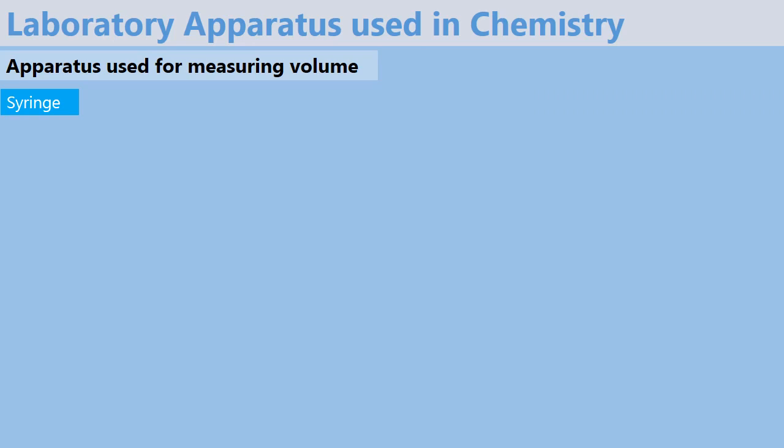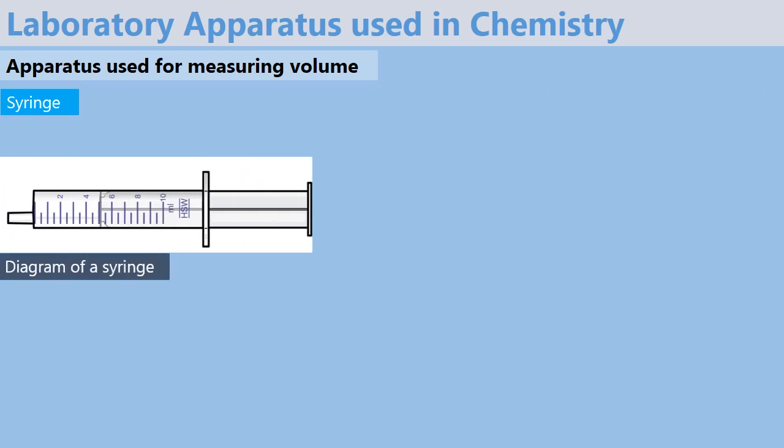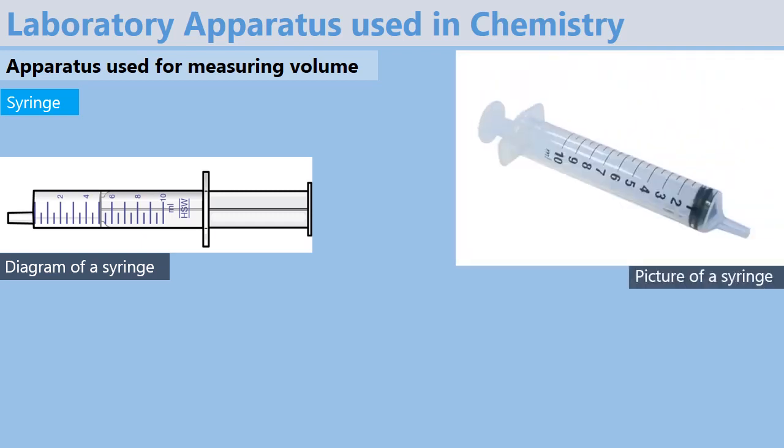After that, we have a syringe. A syringe is like the one you have already met when you're in hospital and you're sick and the doctor decides to give you an injection. However, here's a nice diagram just to remind you how it looks, and another picture of the same.